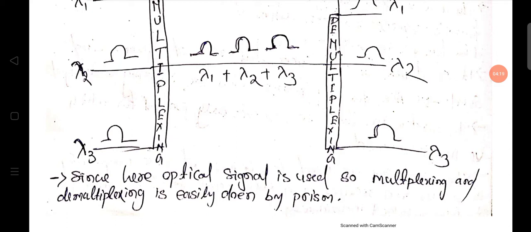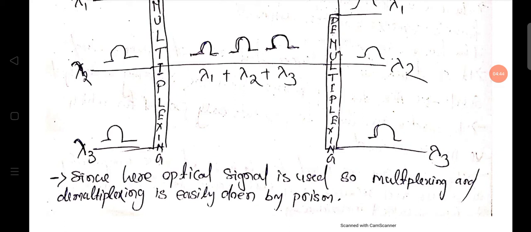So this is called wavelength division multiplexing. The wavelength of the channel is divided into sections, and one or two or more wavelengths are combined to transmit through the channel.